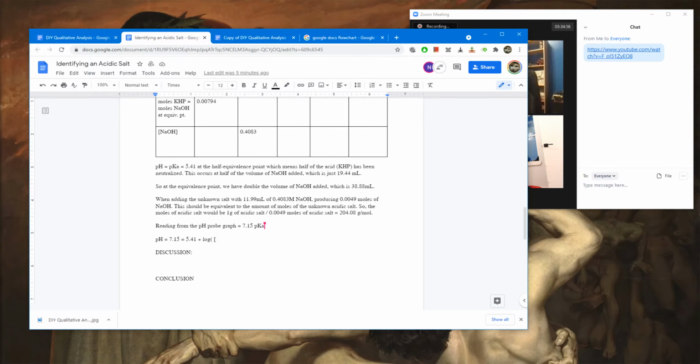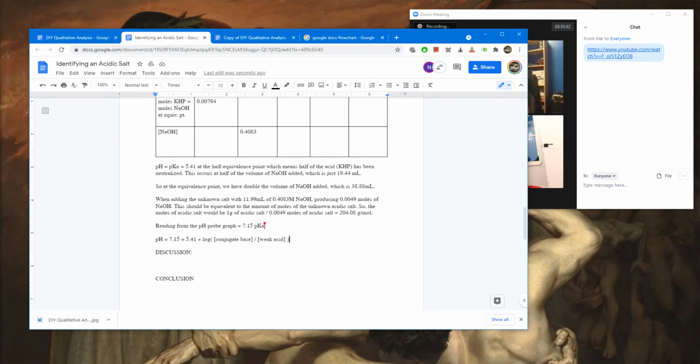Anyway, when you do the conjugate base over the weak acid, that is what you get. That's where you get the 7.15 from. The 5.41 is the pKa. Oh, yeah. I got it. Okay, that makes way more sense.